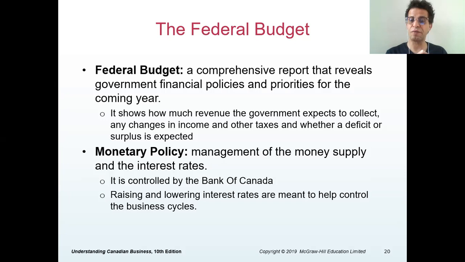It shows how much revenue the government expects to collect, any changes in income and other taxes, and whether a deficit or surplus is expected. Accountants, lawyers, and business people get updated on these matters when they are announced.